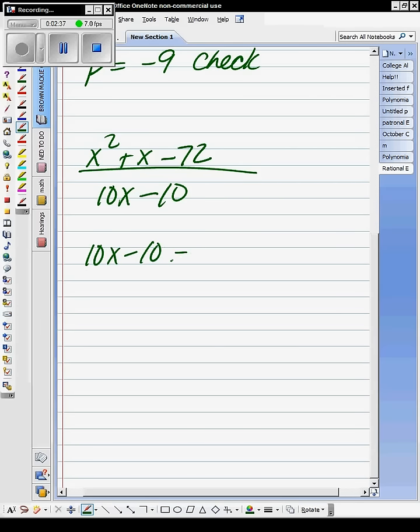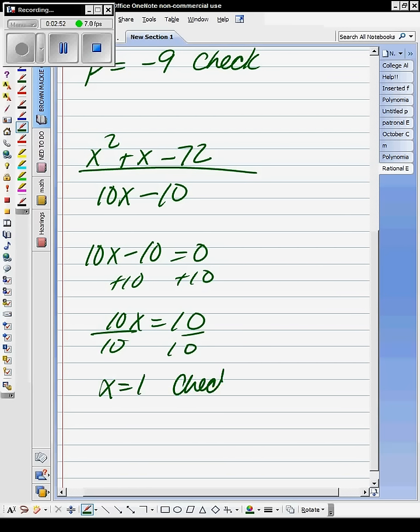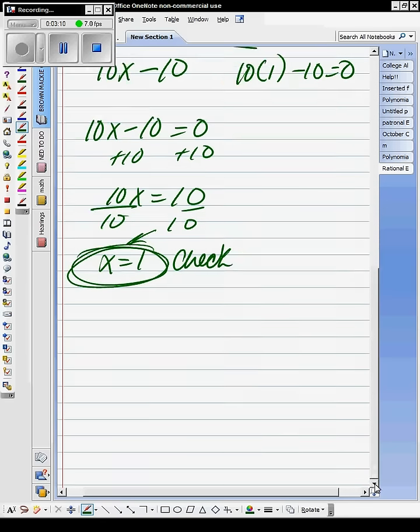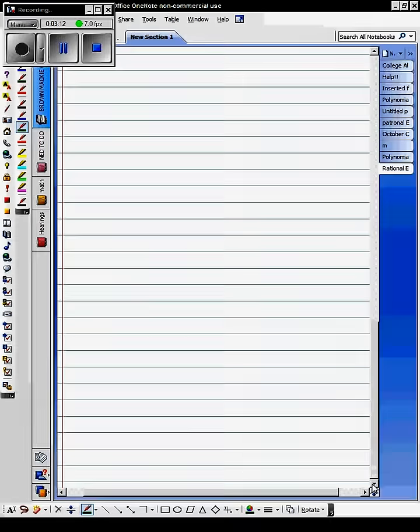So we take 10x minus 10, set that equal to 0, add the 10 to both sides, right? 10x equals 10, divide by 10, and x equals 1. So of course, if we check that and plug it back in, that'll be 10 times 1 minus 10, which will give me 0 at the bottom. So the values that we exclude, that make it undefined, will be the numbers, or these variables that we find. Okay? But let's add a little factoring into it, shall we?